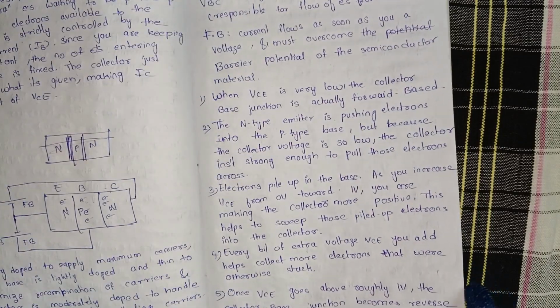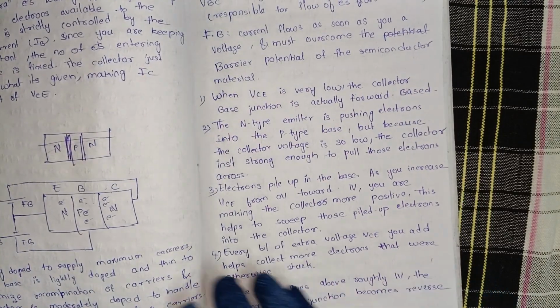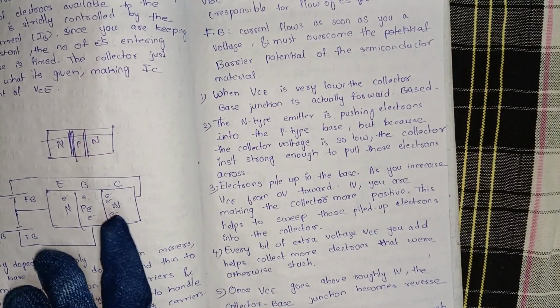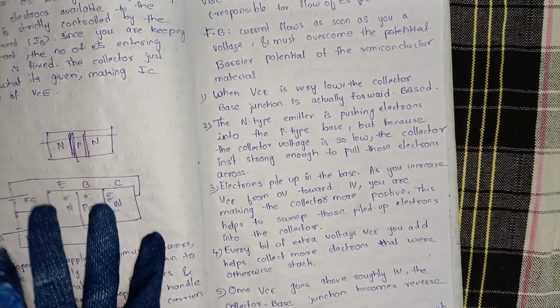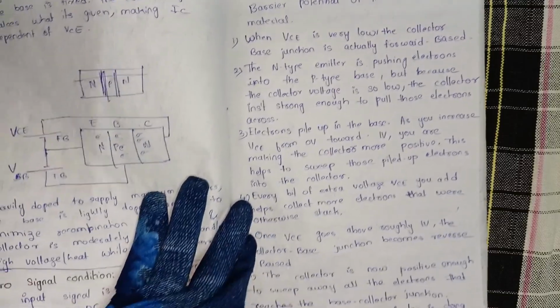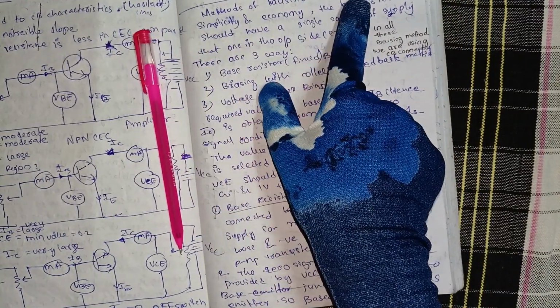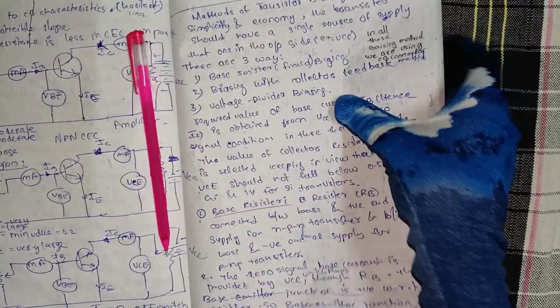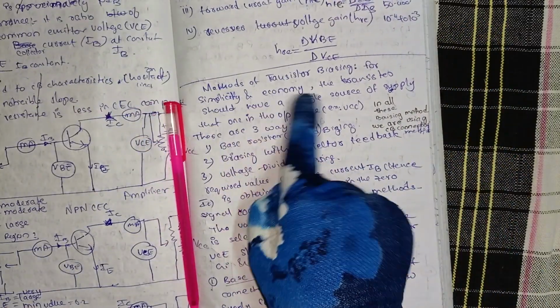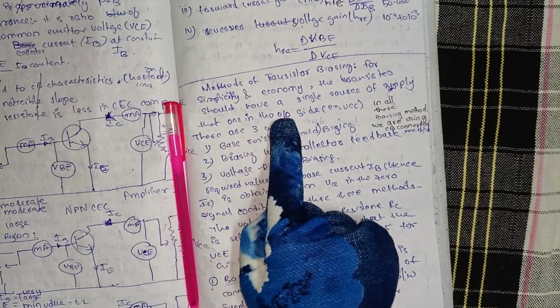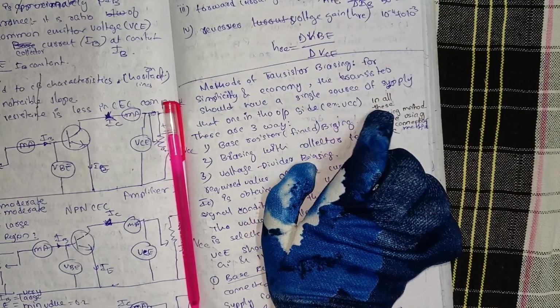Then we will come to biasing techniques, the methods of transistor biasing. For simplicity and economy, the transistor should have a single source of supply, the one on the output side, for example VCC.